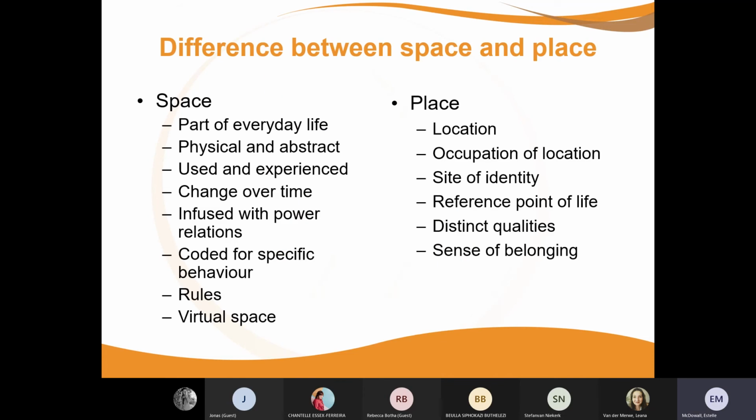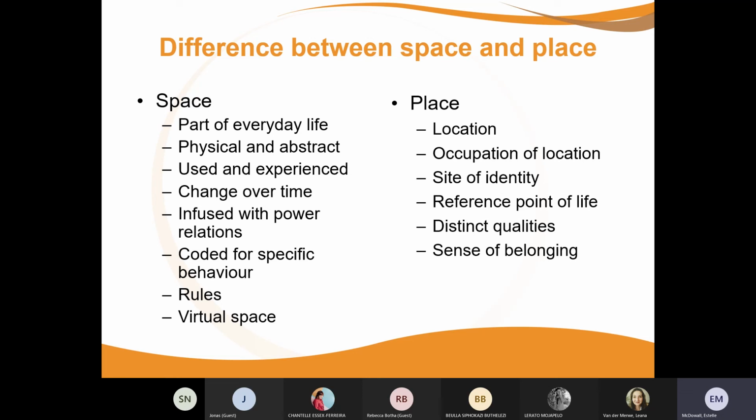Right. So when you discuss the difference between space and place, it's basically a rehash of the definitions, but now you had to refer it back to the example that you're discussing. So when you speak of space, you had to say it's part of everyday life. If you speak of your home, it is part of everyday life, work, something like that.